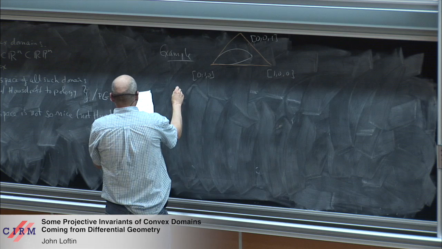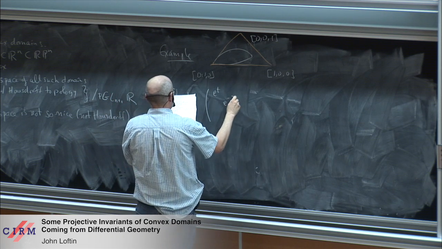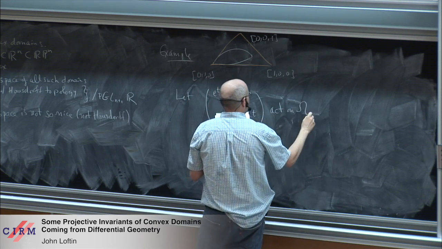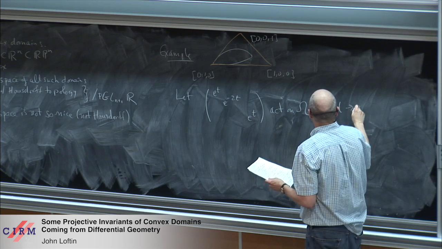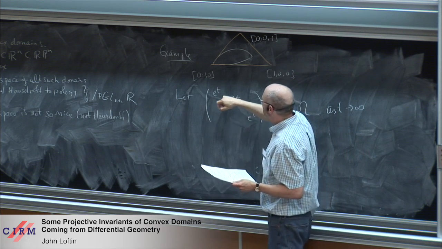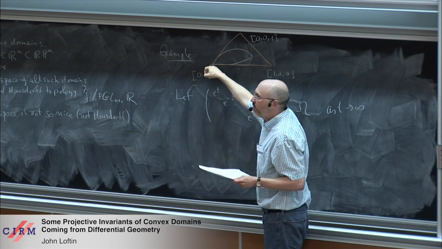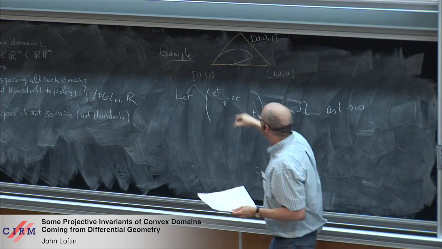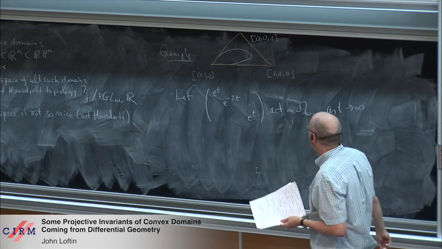And then I'm going to let the following diagonal matrix act on omega as t goes to infinity. Notice that since this is diagonal, the eigenvectors of this matrix, when you project down into RP2, are exactly projected at these points on the triangle. So they're fixed under the projective action.